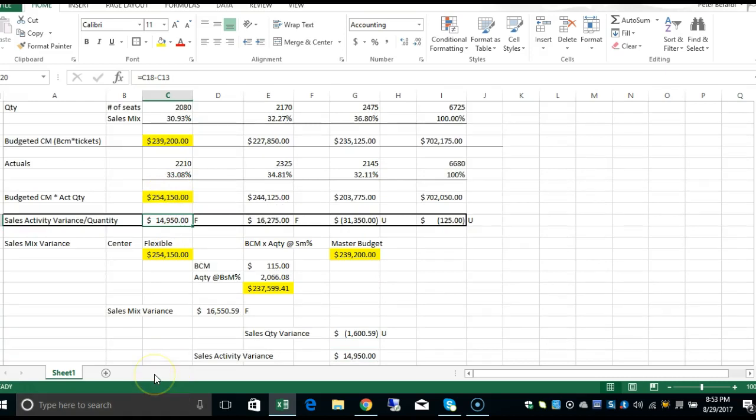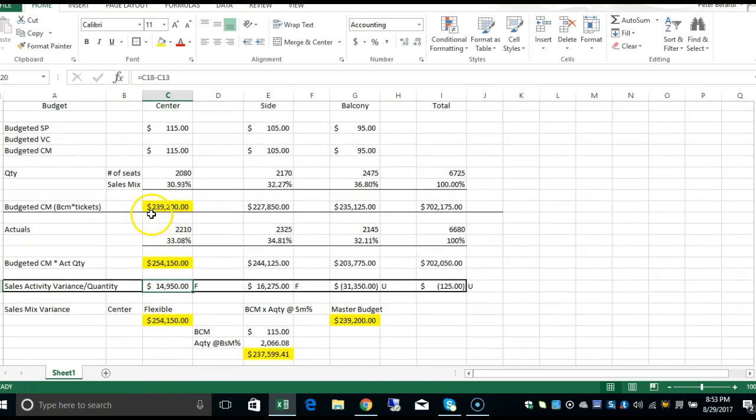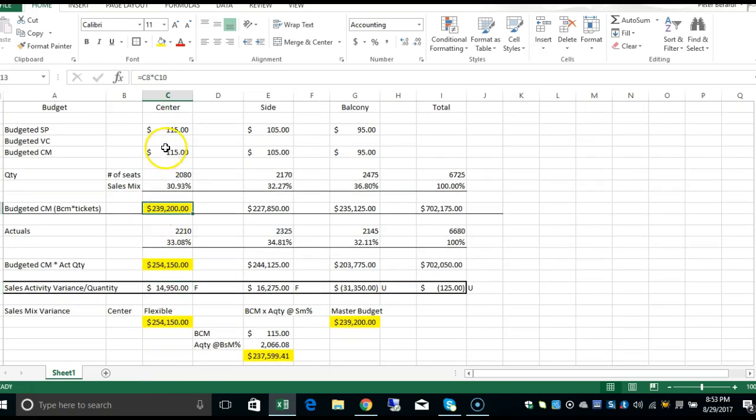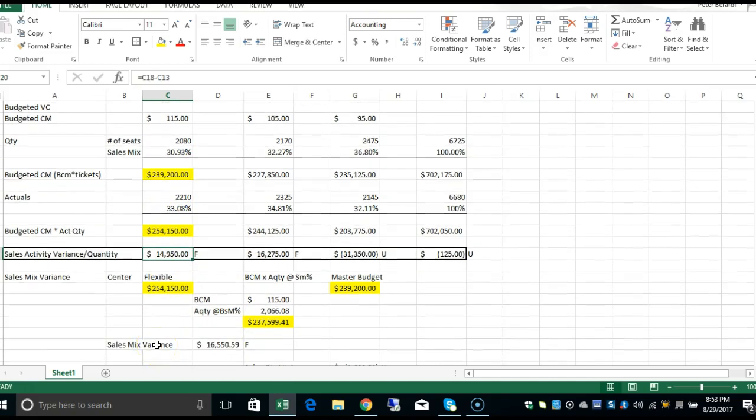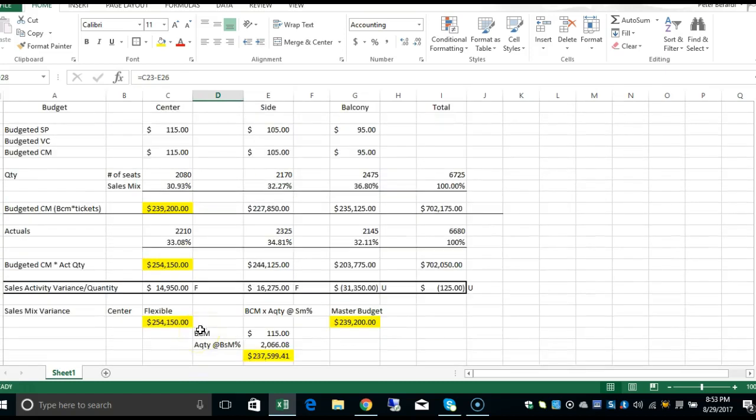So the sales activity variance, which is simply the flexible budget of the ticket price at the actual number of seats sold, this $14,950 favorable variance is due to the fact that we have a sales mix, meaning we sold more actuals than we budgeted for the center tickets, which have a higher budget price.